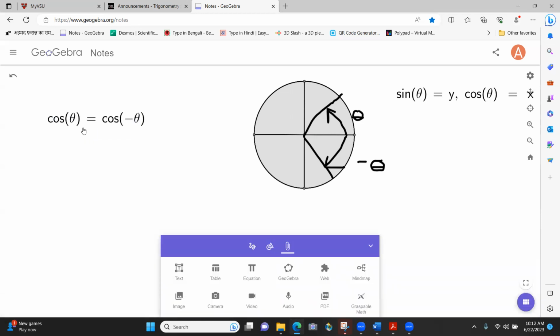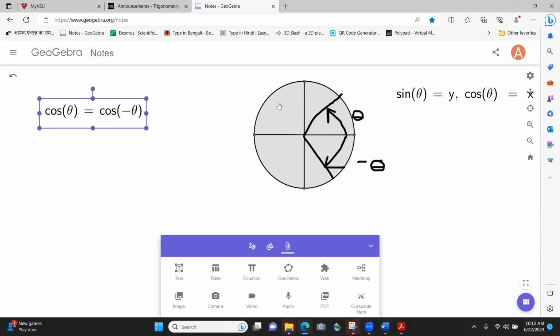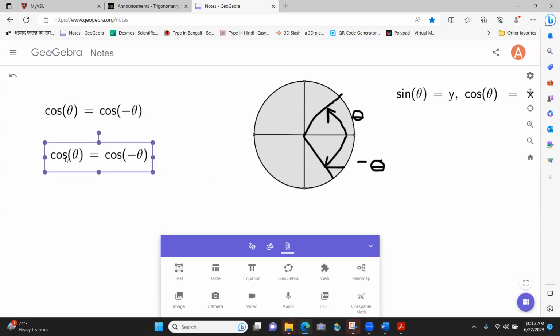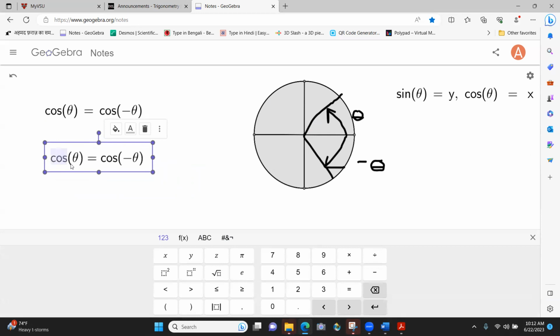And cosine's buddy is, they're going to be the same because they're x coordinates. And you can say the same thing about something in the third quadrant and the second quadrant. The exact same argument works. And cosine's buddy is going to be secant. It's true for that one too, because they behave the same way in this context.